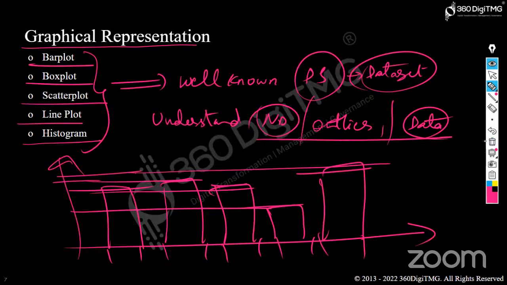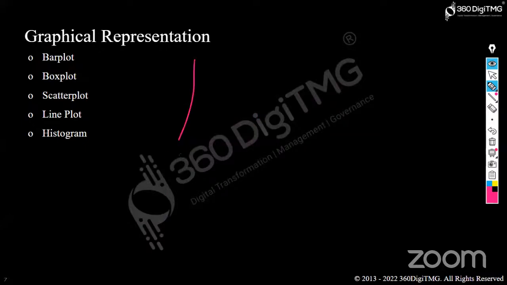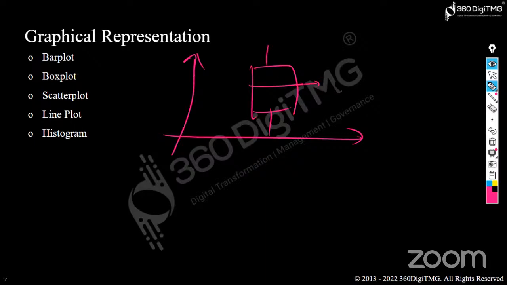And next, you have box plot. Here, the box plot plays an important role where you will be having this is your median and this is your first quartile and this is your second quartile.